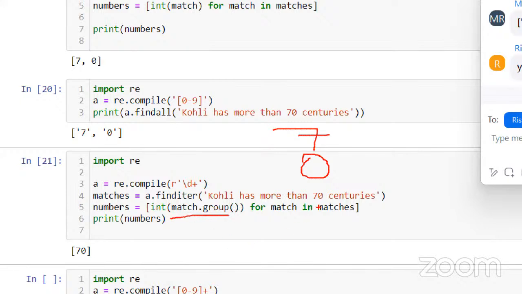So we are grouping all the integer values in the list and converting them into one single value. These are the kind of questions where you need to apply your own technique, and if you are able to understand, you can have clarity on what exactly I want to do.